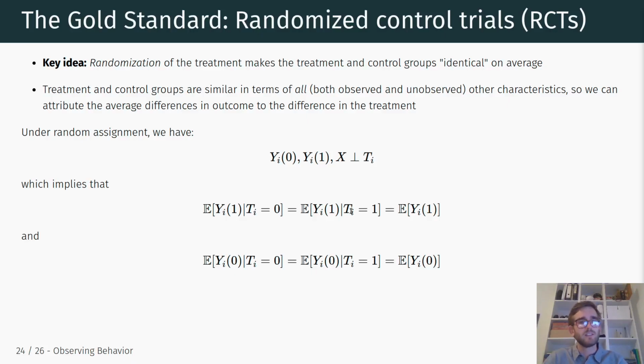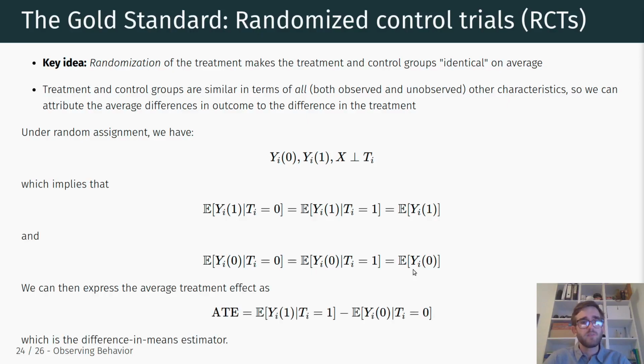But the way to think about this is that the outcome, had someone been assigned to the treatment but is in the control group, is the same as the outcome for observations that were actually assigned to the treatment. Okay. And if that holds, both are equal to the expectation just of the outcome variable in the treatment group, marginalized over both assignment to treatment as well as assignment to control. And the same holds, of course, equivalently for the control group.